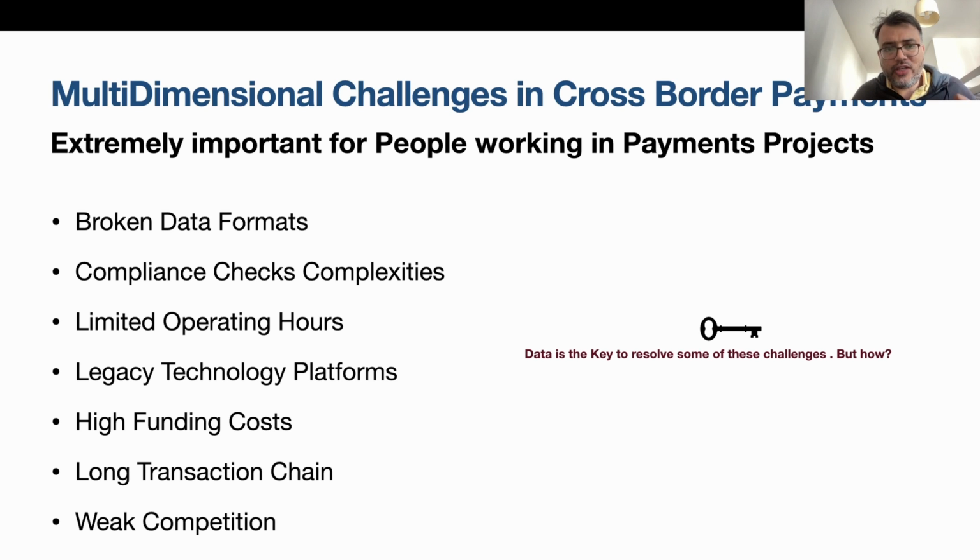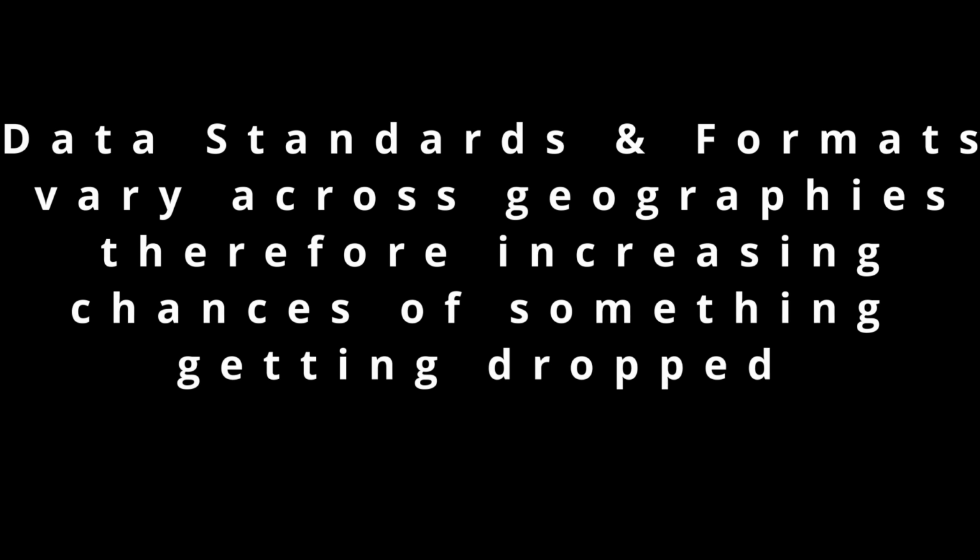So the first challenge over there is broken data formats. When you transfer the information from one bank to the other through a message, if there are too many correspondent hops, there might be a chance of a data format being broken.